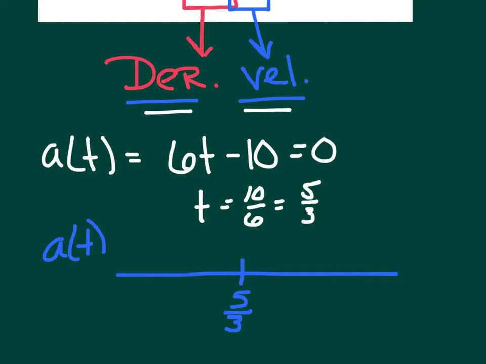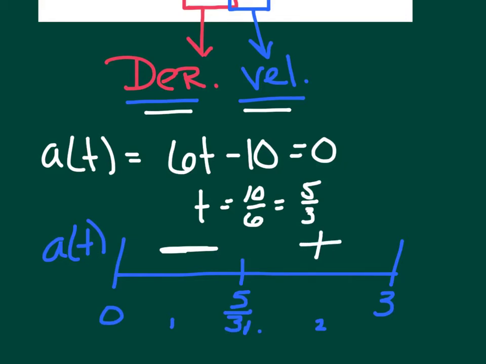When I plug in somebody bigger, oh, now it had bounds, remember, we could only be between 0 and 3. So I've got to plug somebody in that's between 0 and 5/3. Well, remember, 3 goes into 5 once and a little more, so I know that's bigger than 1. So I could use 1 here, and on this side, I'm going to use 2. If I plug in a 1, 6 times 1 minus 10 is a negative. If I plug in a 2, 6 times 2 is 12 minus 10 is a positive.